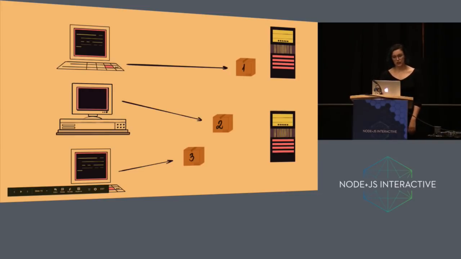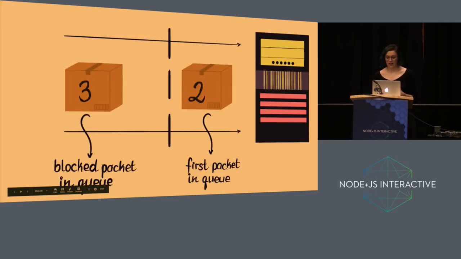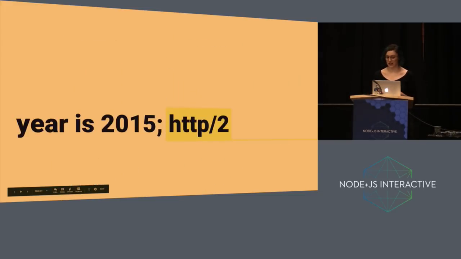But what that leads to is that given a certain number of clients and a smaller number of endpoints, if two or more packets are getting sent to a single endpoint, we end up having one packet being blocked by another packet that's ahead of it in the queue. This is called head-of-line blocking. And that's one of the downsides, aside from only having one request per TCP connection.